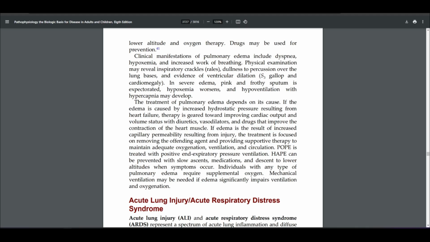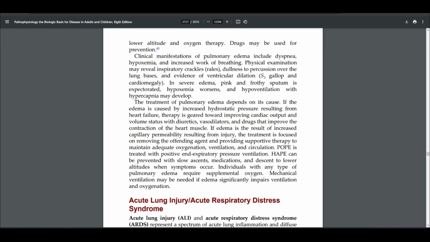If the edema is caused by an increased hydrostatic pressure resulting from heart failure, therapy is geared towards improving cardiac output and volume status with diuretics, vasodilators, and drugs that improve the contraction of the heart muscle.